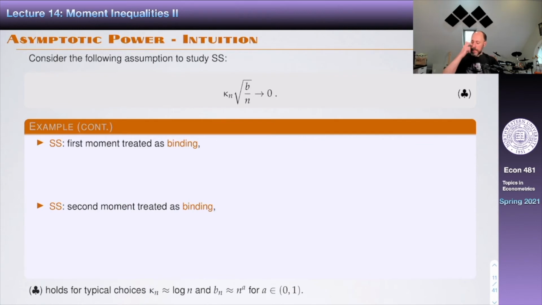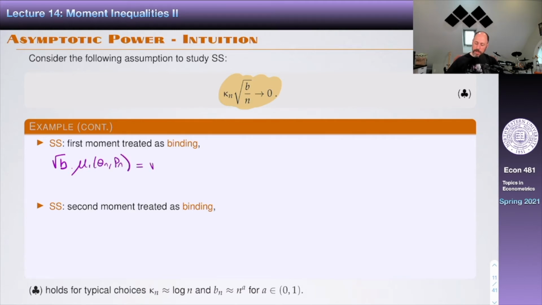Here's subsampling, and I want to include this condition that I'm going to explain later. But let's take the first moment. What is the first moment? The bound of subsampling is the square root b times mu1 theta n pn.